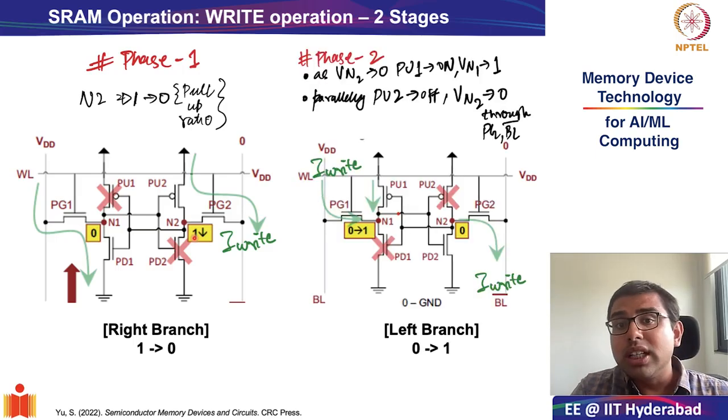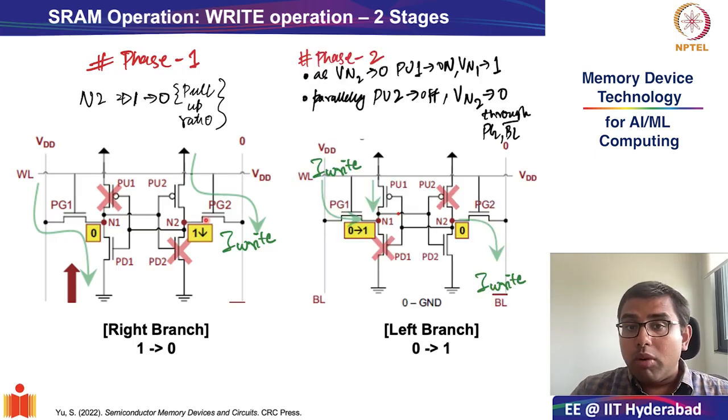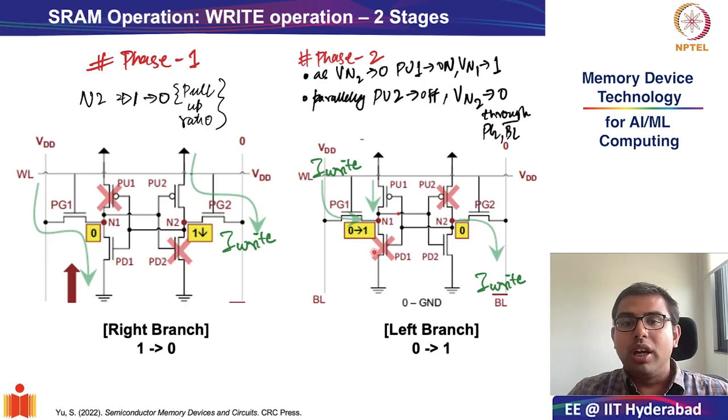Now what happens in the second phase? The second phase of the write process is as follows. As VN2 starts moving to a value of 0, remember that VN2 is the input to the left hand side of the branch. Now the left hand side of the branch is connected to pull-up 1 transistor and pull-down 1 transistor.